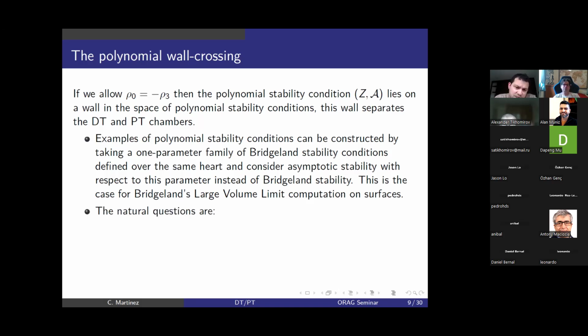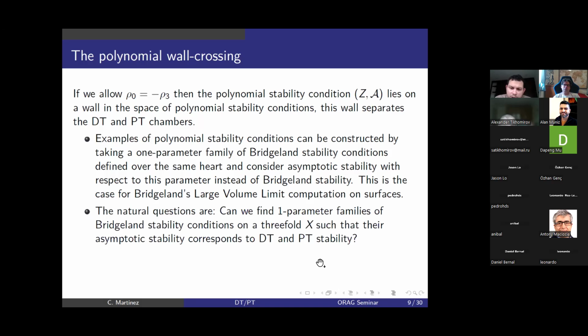Then the natural questions, since we now have all these ingredients: we have the GIT wall crossing for these rank 1 DT and PT moduli spaces. We have this categorical wall crossing that allows us to think of these rank 1 DT and PT stable objects as measuring quotients of O or O shifted by 1 in two different hearts. Then the natural questions are, can we find perhaps a one-parameter family of Bridgeland stability conditions on a threefold X such that their asymptotic stability corresponds to DT and PT stability?